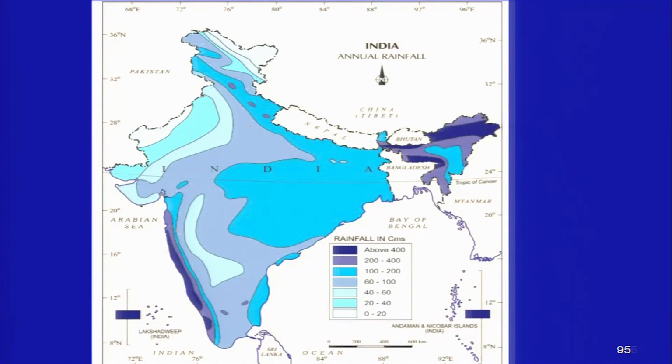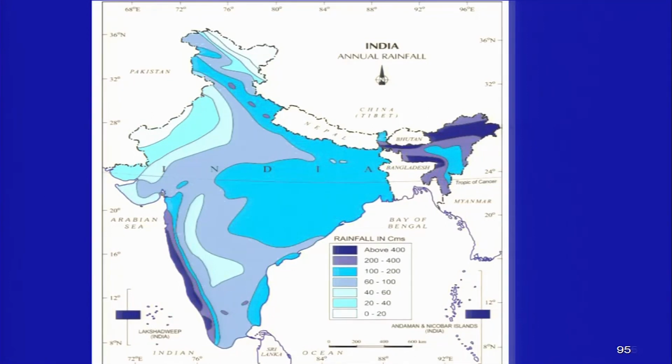So, a very huge area of India, and then it comes down to even 0 to 20, which is of course in the area along the Thar region. This is Thar desert, the Rajasthan area.